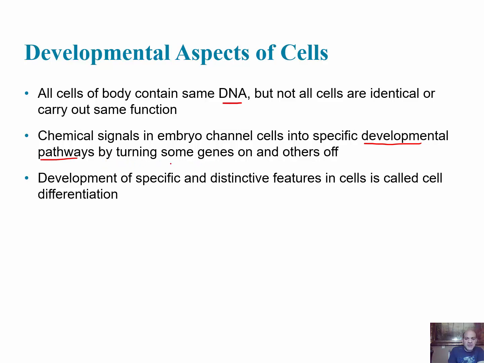And this is accomplished by turning some genes on and others off. So we're talking about switching on a certain set of genes to cause these changes in the cells to occur. So the development of these features by these specific cells is referred to as cell differentiation. So we start off as one cell called the zygote, and eventually we end up with 250 different cell types because of differentiation.